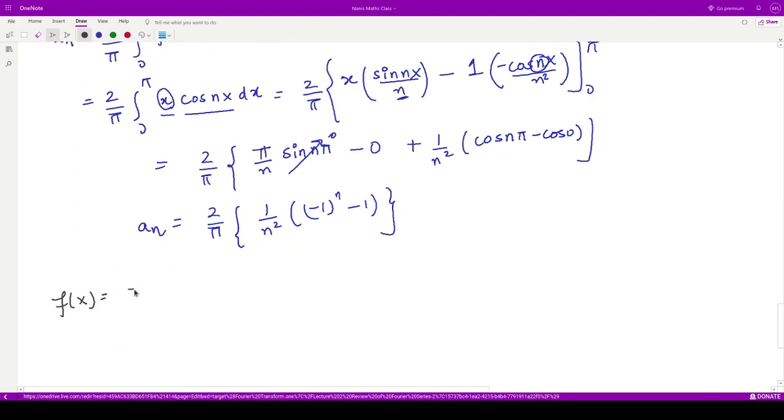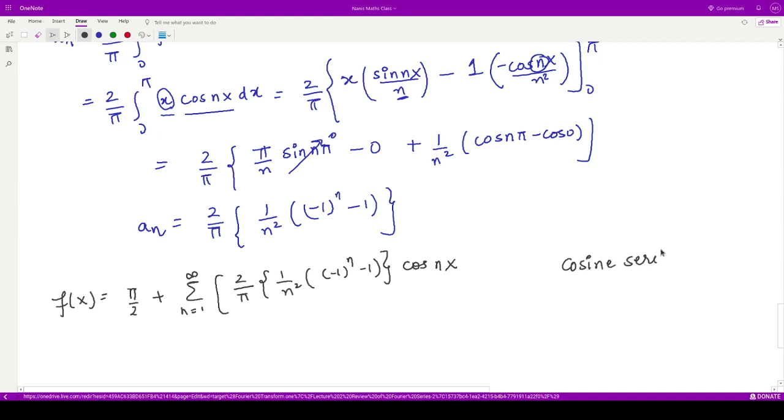So it would be pi by 2 plus summation n varies from 1 to infinity, where the value of a n is 2 upon pi and then 1 upon n square into minus 1 raised to power n minus 1, into cos nx. So this is our half range cosine series. You can expand this series and write the infinite terms. So that would be this for this video.